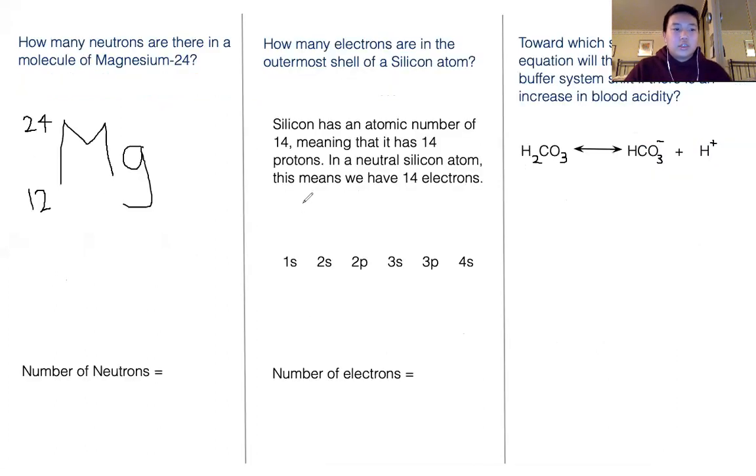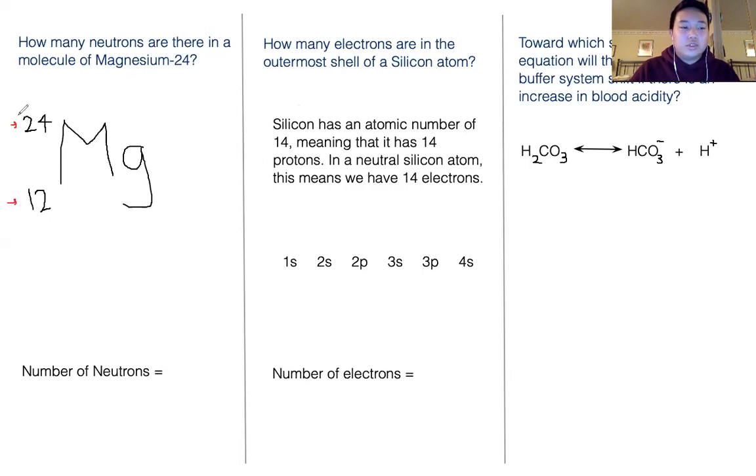Okay, so let's look at this first column here on the left. I think you guys can see my pencil. So the first one is how many neutrons are there in a molecule of magnesium 24. So I drew out magnesium 24 rather poorly. Anyway, remember that if we were answering this, you would first be asked to pretty much figure out what we have going on, right? So we have our two numbers here, 24 and 12, right?